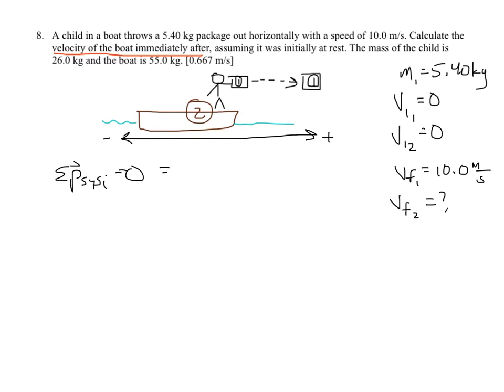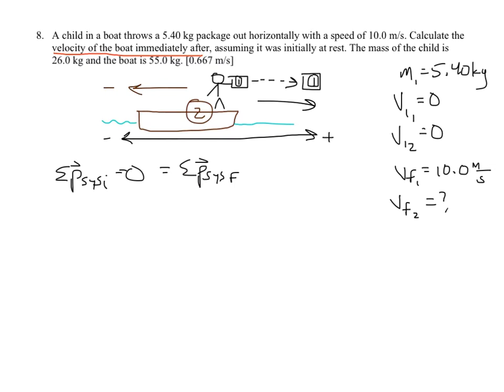That also equals the final momentum of that system. The only difference is, initially, everything is at rest and nothing is moving. Finally, things are moving just in opposite directions. So the package is going to be moving out this way. The boat/child are going to be moving out this way, and that's going to be a negative direction right there.